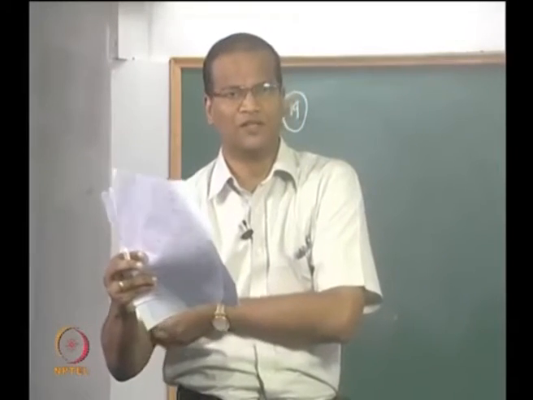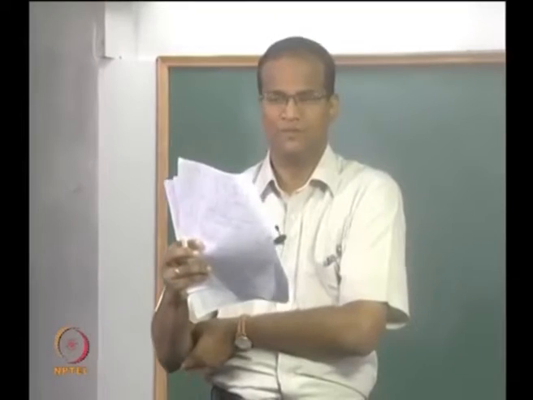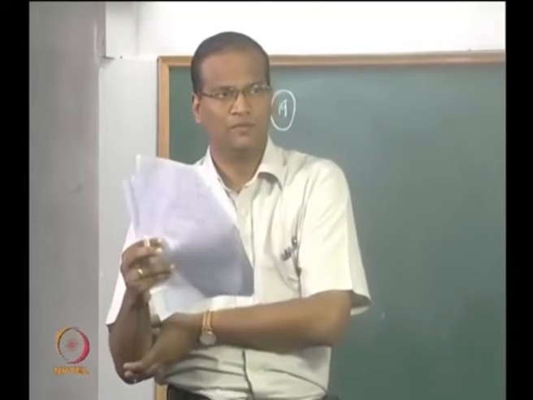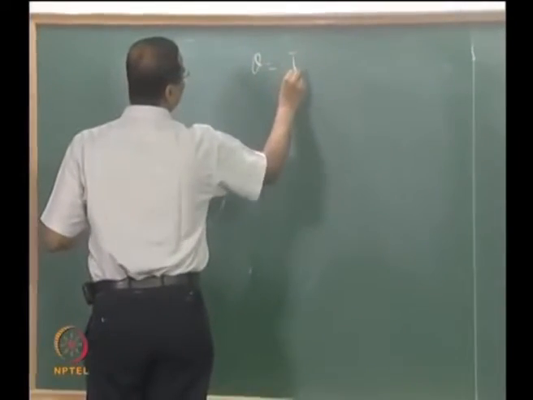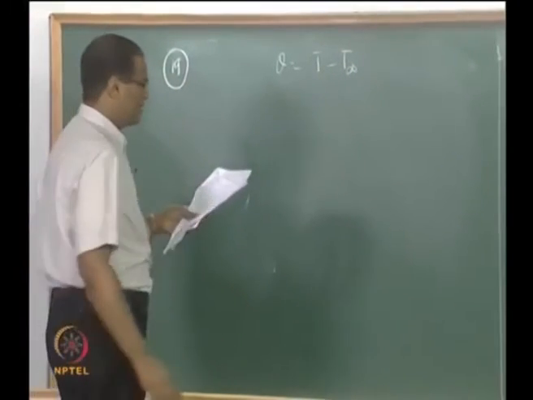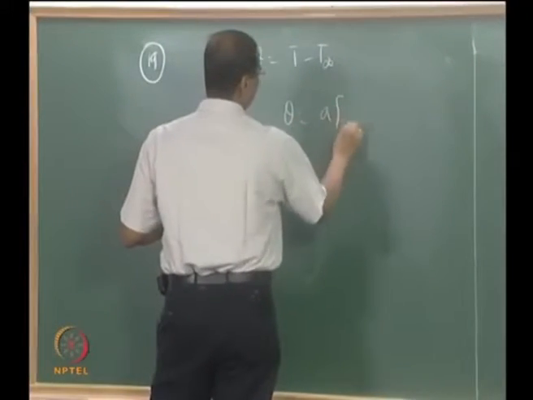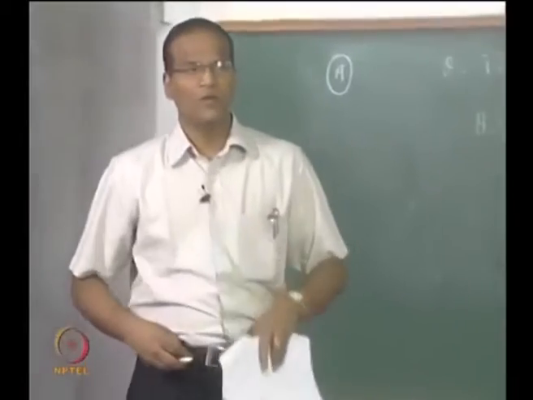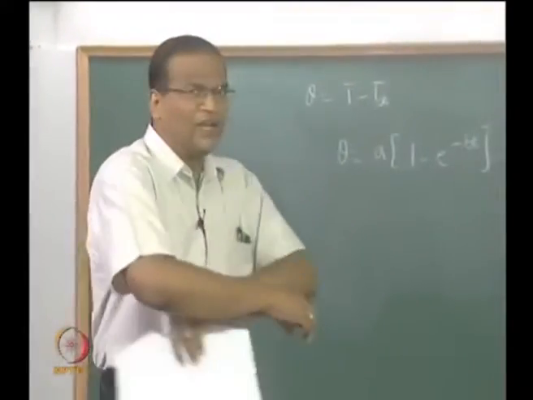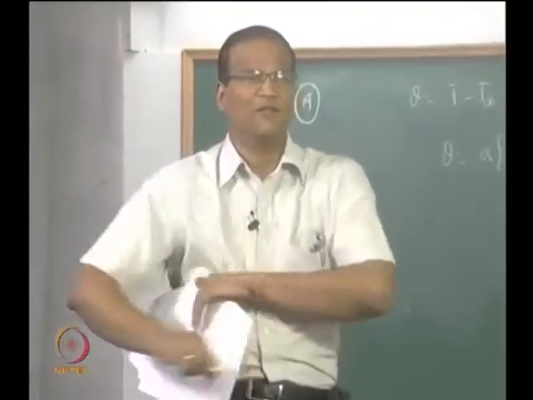Consider the heating of a first order system whose temperature excess theta is known to vary in the form which is given on the blackboard, where A and B are constants and t is the time in seconds. Theta is in degree centigrade and t is in seconds.